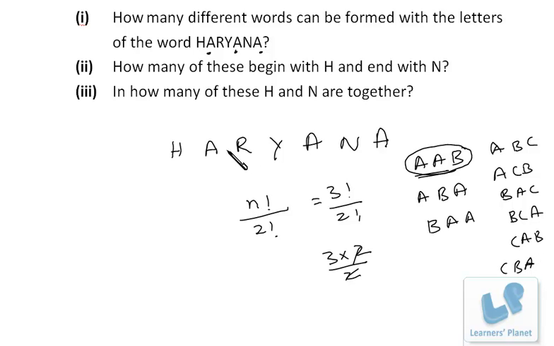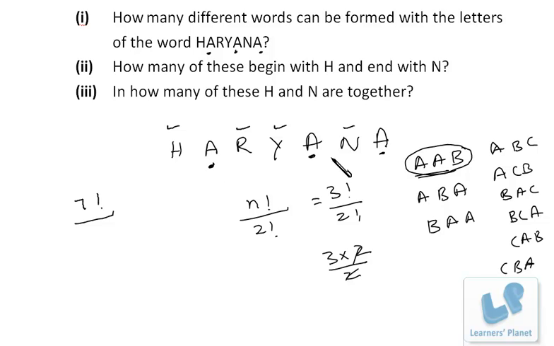So if we have the repetition of the letters, we have to divide the total number of arrangements by the repetition, right? So if we talk about Haryana, the letter A is repeated 3 times. How many unique letters do we have? 1, 2, 3, 4 and this A is 5. So first of all, 7 factorial ways will be there, since we have to fill up the 7 places with these 7 letters.